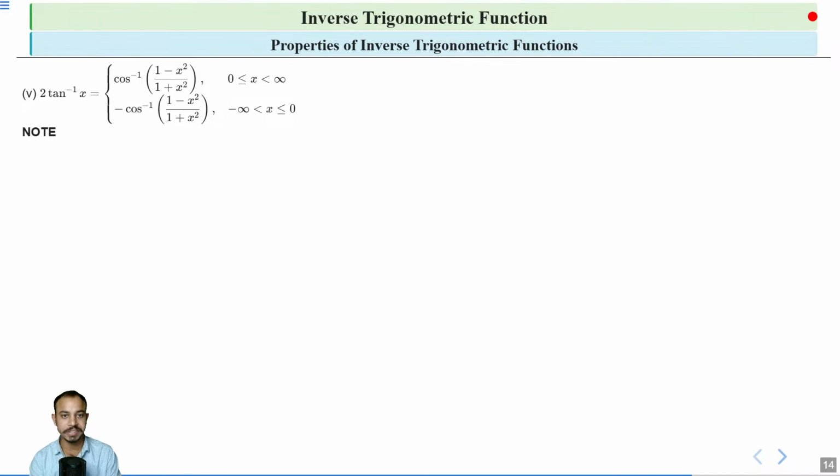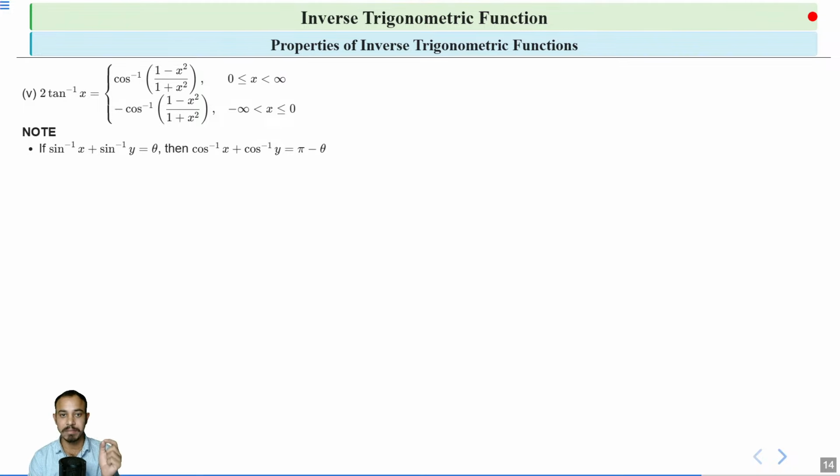Now note some points. If sin inverse x plus sin inverse y is equal to theta, then cos inverse x plus cos inverse y is equal to pi minus theta.